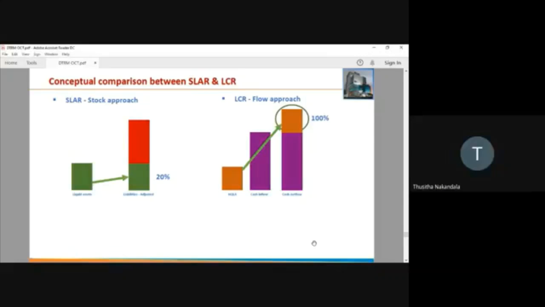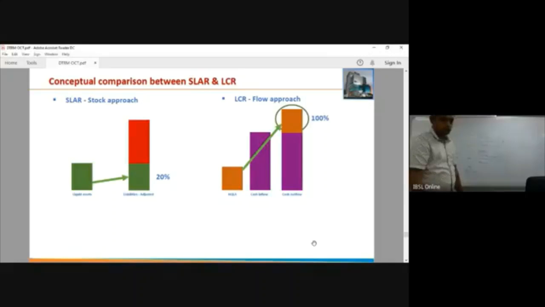So the application of haircuts, will that be the same for inflow and outflow? No, inflow has a different kind of haircut, and outflows have a different kind of haircut. Within the inflow, depending on the instrument, the haircut differs. Within the outflow, depending on the instrument, the haircut differs. For each and every line item, the regulation gives you the haircut.